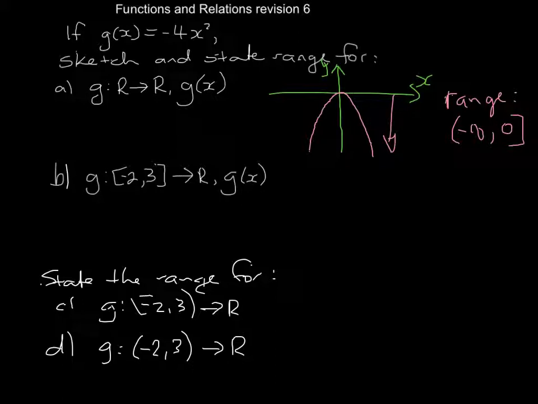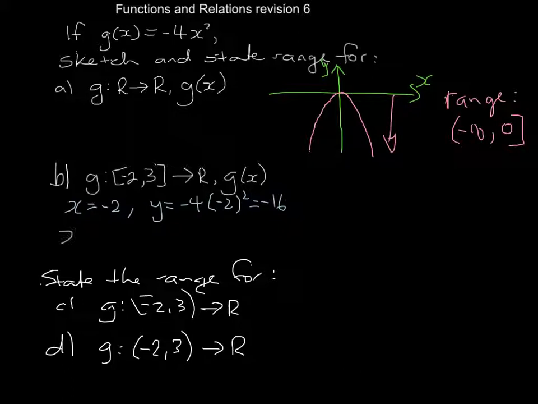Now, for the second part of this, it is the same function, but we have a restriction on the domain. So what would be a good idea is if we work out what the corresponding y values are. So when x is equal to negative 2, then y will be equal to negative 4 by negative 2 squared, which will equal negative 2 squared is 4, negative 4 by 4 is negative 16.